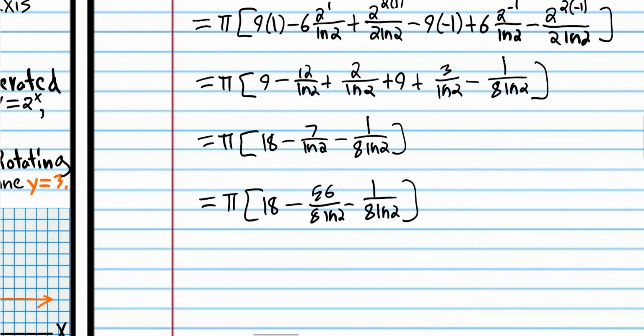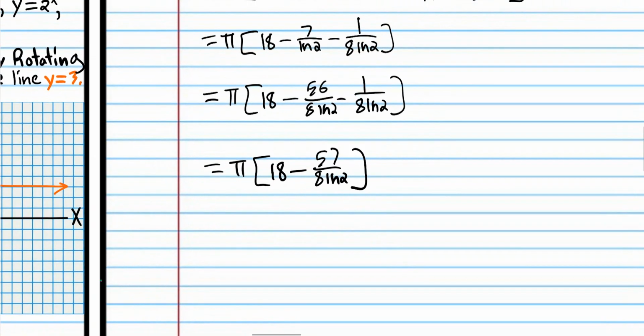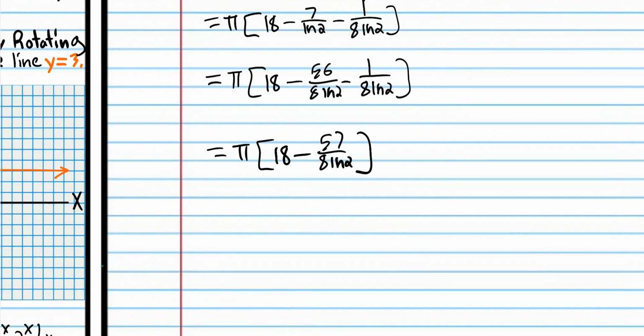So I multiply both sides of this fraction by 8. And so it looks like we get 18 minus 57 over 8 natural log 2. So at this point we can use our calculators to find an approximate answer.